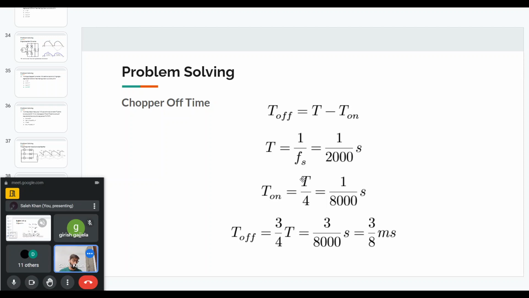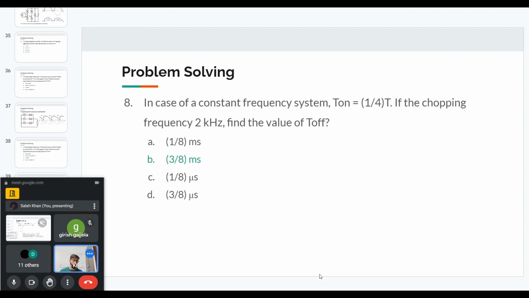T on is given as 1/4 of the total time, so it will be 1 by 8000 of a second. And then you can find T off, which will be T minus T on, which is T minus T by 4, which is 3 by 4 of the total time. So 3/8 of a millisecond. Okay, so the answer is B.